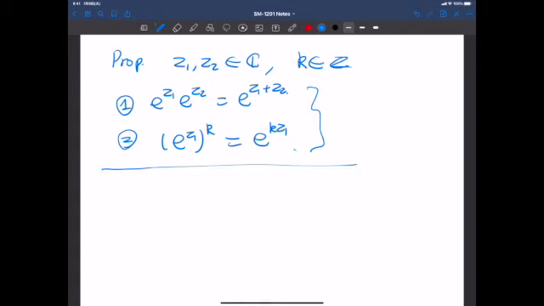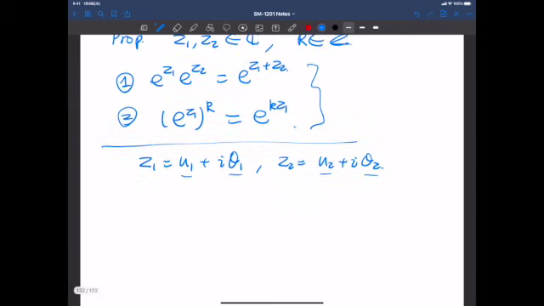Okay, so let's write z1 as u1 plus i theta 1 and z2 as u2 plus i theta 2. And of course u1, theta 1, u2, theta 2, they are all real numbers. Then we calculate the left-hand side.